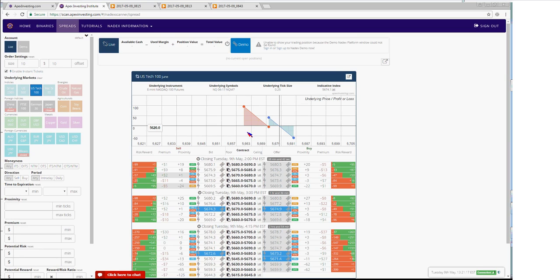So that's not a horrible thing. It would just mean that when it gets closer to this, you're probably going to want to close out both sides of the trade. And by that point, it's gone like 10 or 15 points against you. So the trade's over. Let it go. But it's a good hedge. Just be aware that it's not necessarily covering all of that section right there for you.